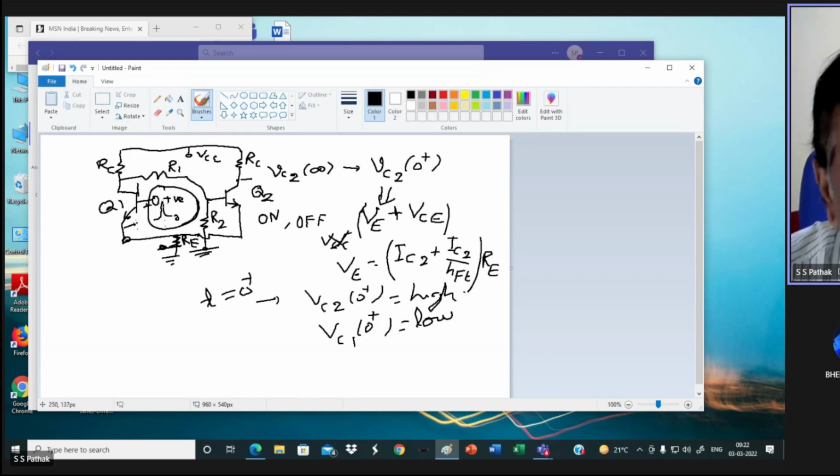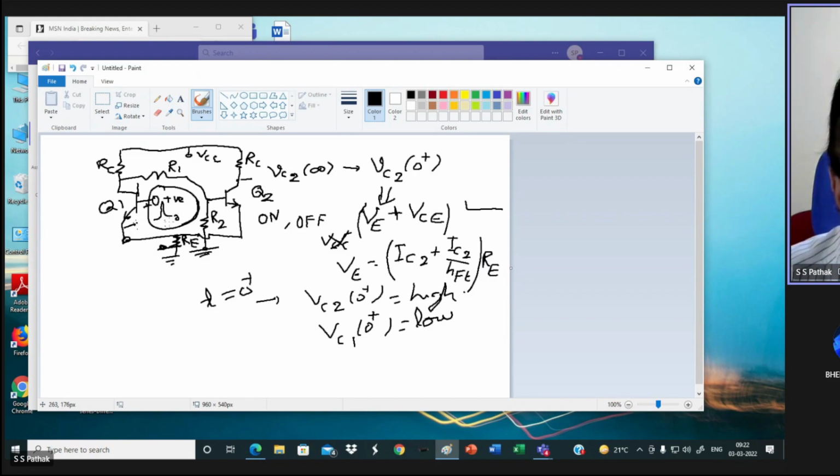Trigger is positive. Positive trigger. Initially trigger appeared, T equal to 0 plus is coming like this, okay. And to remain in this state till the second trigger appears.